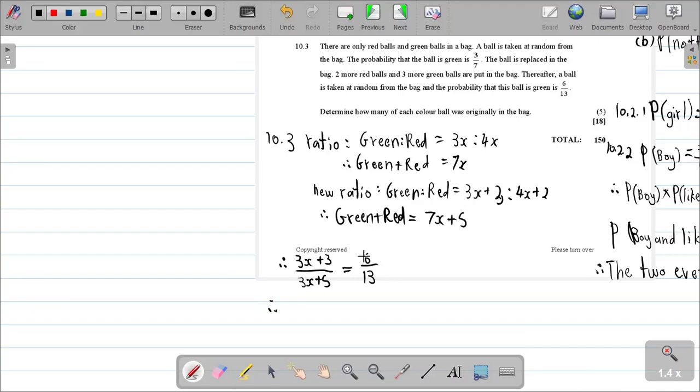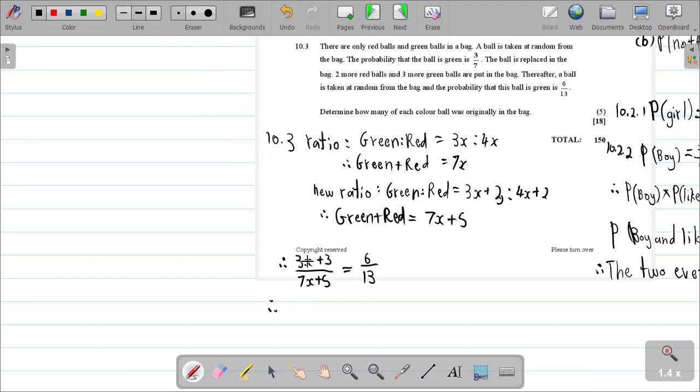So we cross multiply. No, it should be 7x here plus 5, sorry. 7x plus 5.